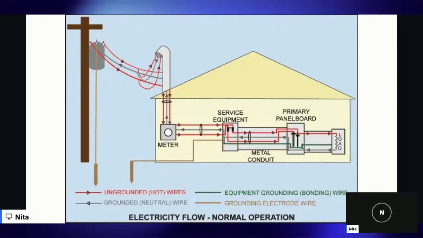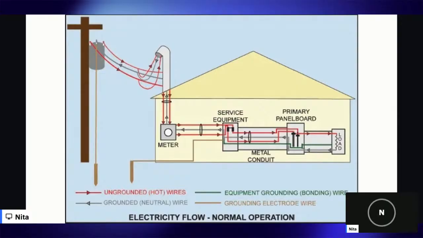But when we have a ground fault, meaning electricity leaks out of that path, out of the intended wiring, and it goes onto the metal frame of one of our appliances, a wet surface, a body, that is a ground fault. The electrical current has escaped from the normal wiring in the circuit and it flows onto something where it doesn't belong.